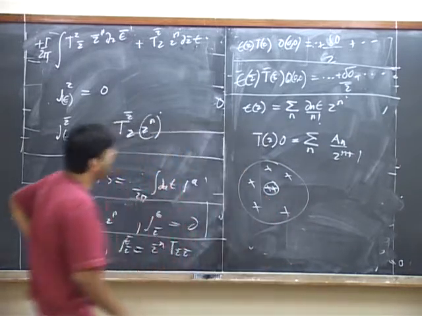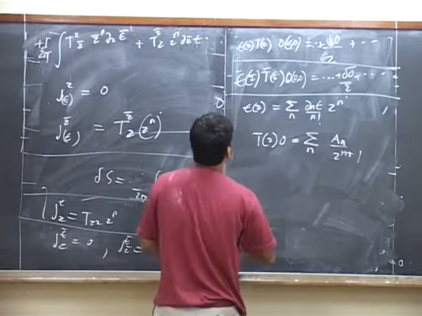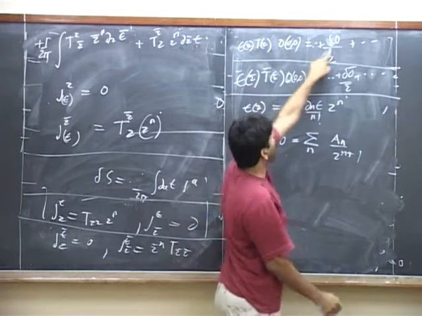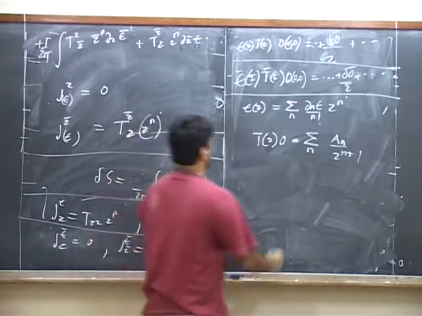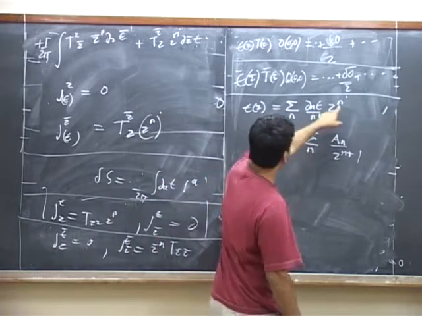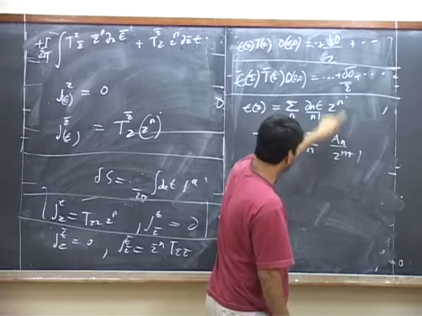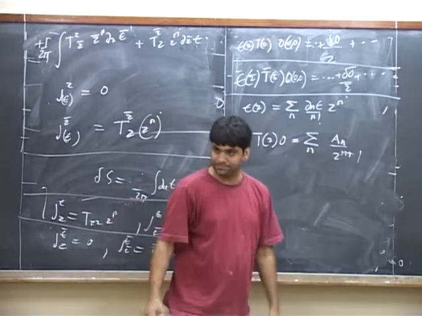Now, let's combine these two statements and this statement to see what we can find. What we want is the pole. The pole comes when this n is equal to that, because we want 1 over z left over.